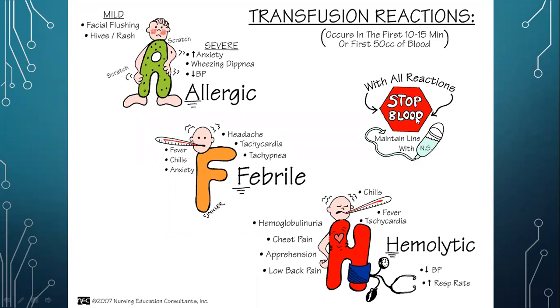NCLEX would ask, what do you do if an adverse reaction occurs? The answer is stop the blood transfusion and also run the normal saline that hangs with the blood. Also check the vital signs, notify the healthcare provider, also notify the blood bank, and make sure urine and blood cultures are done.